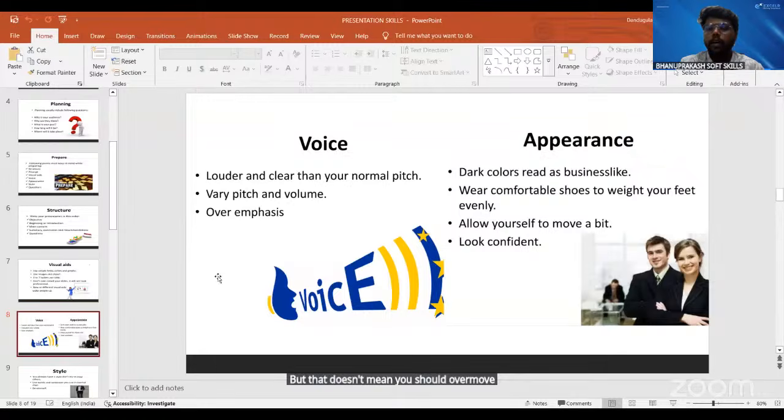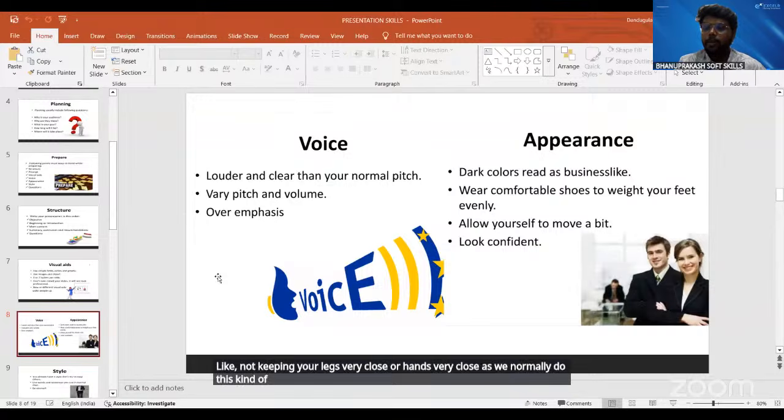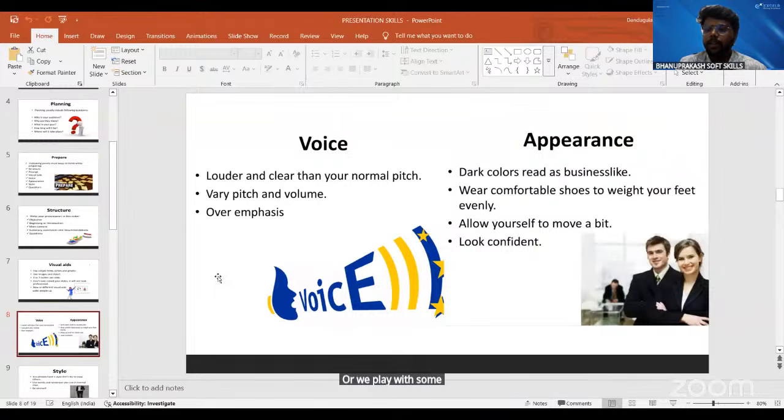And look confident. How can we look confident? Make your chin up and stand very erect, not keeping your legs very close or hands very close. We normally make these kinds of mistakes: we clasp our hands behind, or play with some tables, or keep our hands in pockets, or shield our faces.